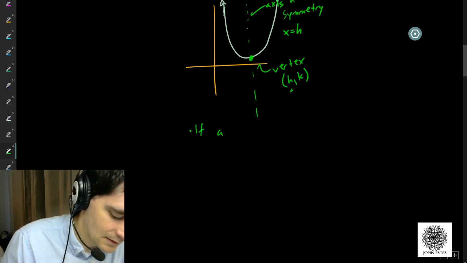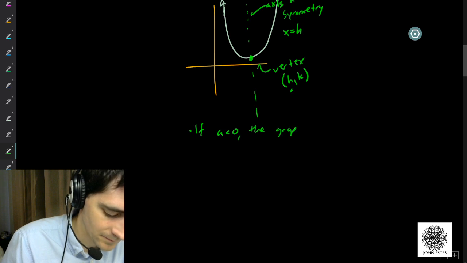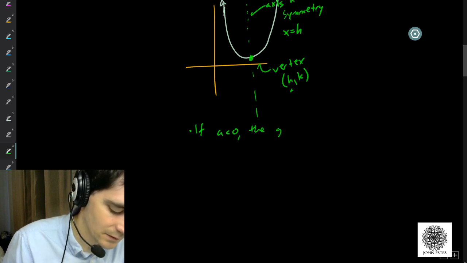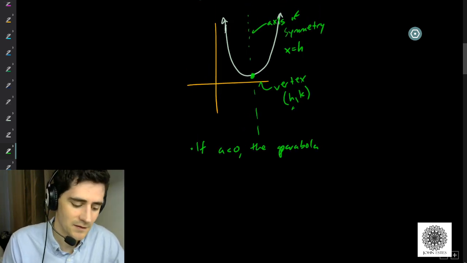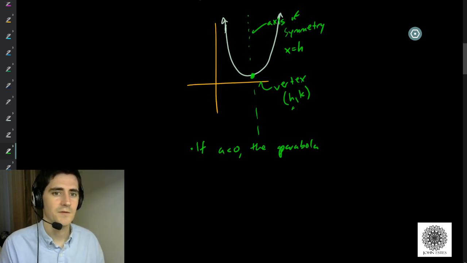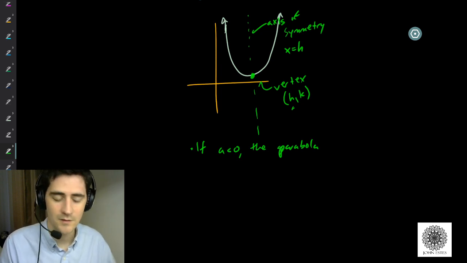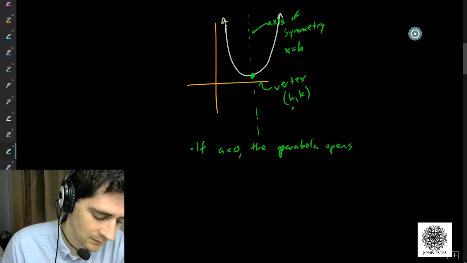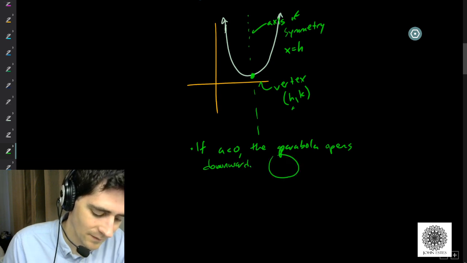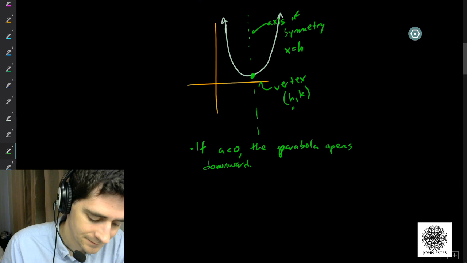If a is negative, the parabola is upside down from my standard parabola. Why don't we say it this way? The standard parabola opens upward, this one opens downward. Okay, so in other words, it looks something like this.